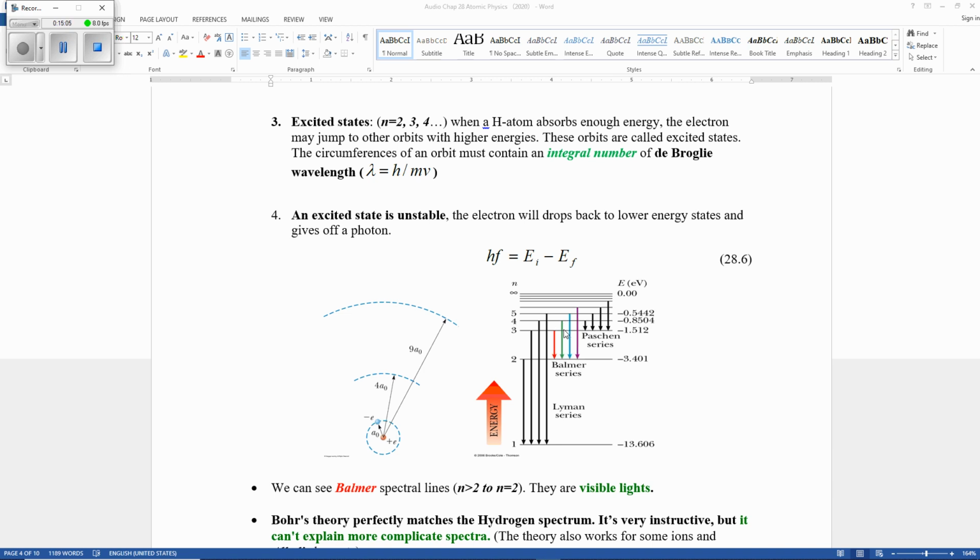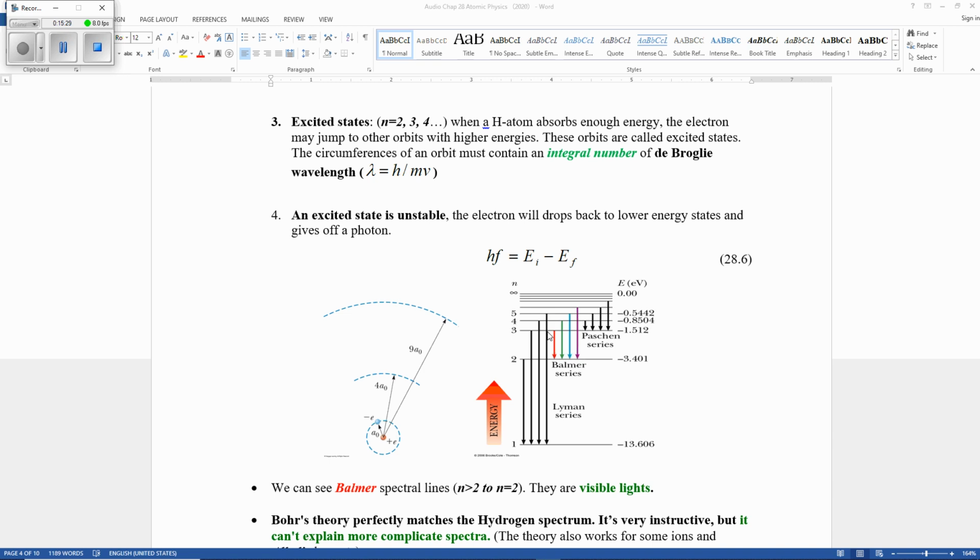From number 4 back to number 2 will give you a different color, green, let's say. Blue is because this is a bigger energy change, giving a different frequency, and the next one will give you a different color. Of course, they can also come back to the ground state, but this frequency we cannot see.